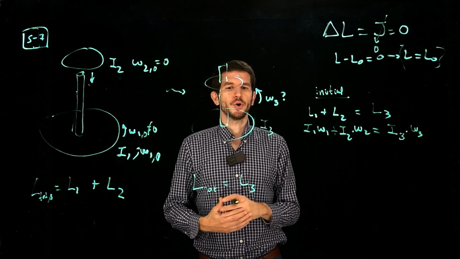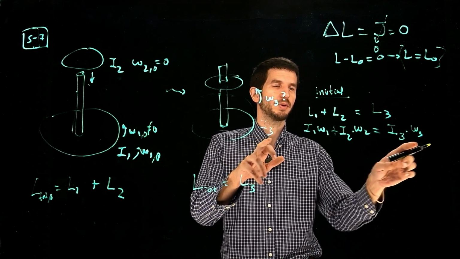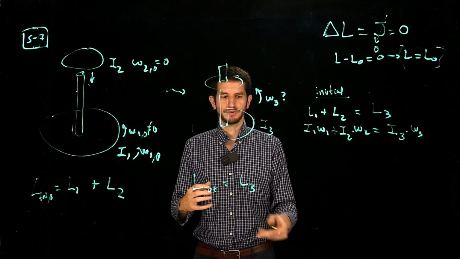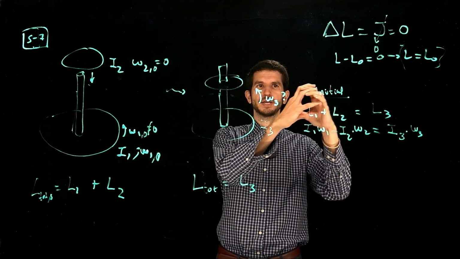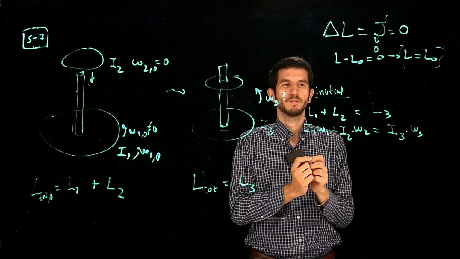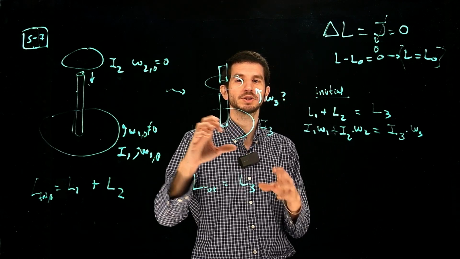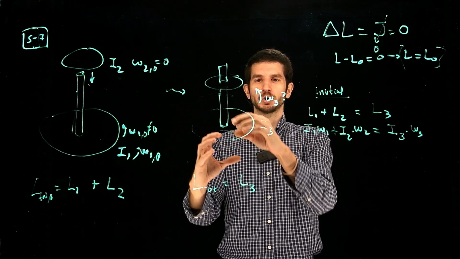Good. Okay, so before we go ahead, what is this? L3 is inertia 3 times omega 3. Now, in the case of the masses, if these were two trains and there were two railroad cars, as we saw, and one was coming and they hit and they become one, what did we say in terms of inertia? That the inertias add together. Because if I want to move this object now, I don't only need to overcome the opposition of this disk.